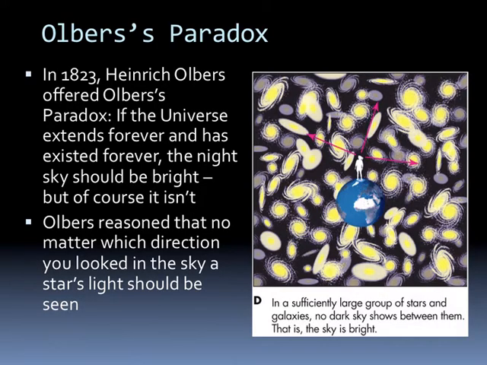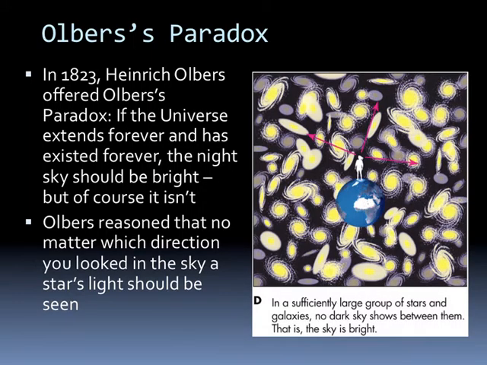Now, in 1823, Heinrich Olbers offered Olbers' paradox. If the universe extends forever and has existed forever, the night sky should be bright, but of course it isn't. Olbers reasoned that no matter which direction you looked in the sky, a star's light should be seen.